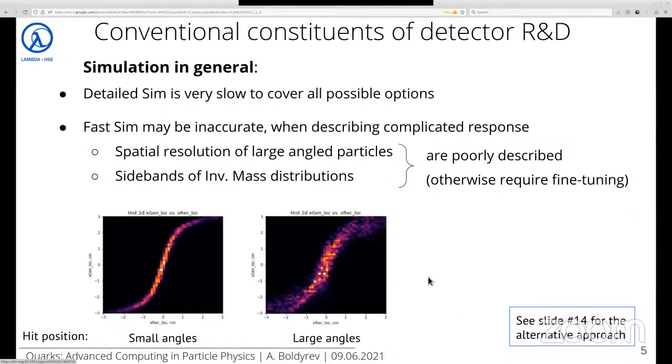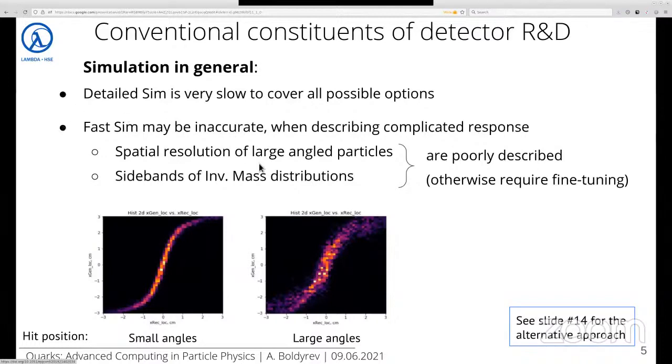We are well aware of the simulation drawbacks. The detailed simulation can be very slow if we want to cover all possible options of the future detector. Fast simulation can be a good alternative, but it can still be inaccurate when addressing the results of some complicated effects.